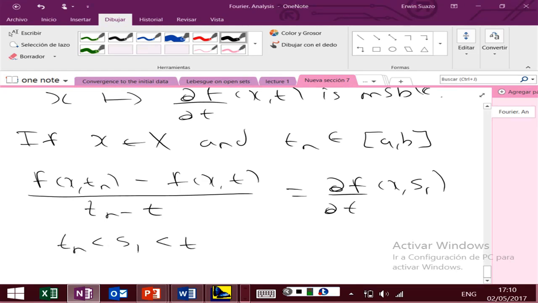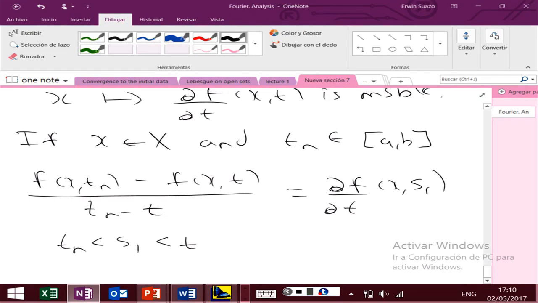So why is this true? What theorem am I using? S1 is a point between t sub n and t.